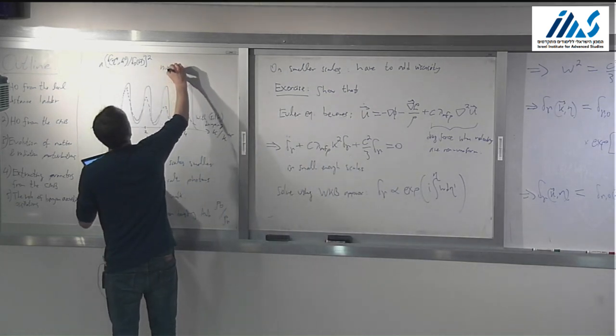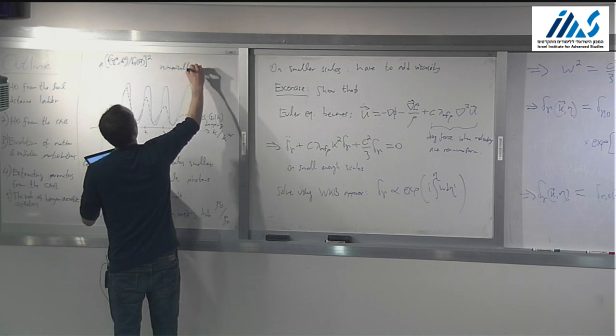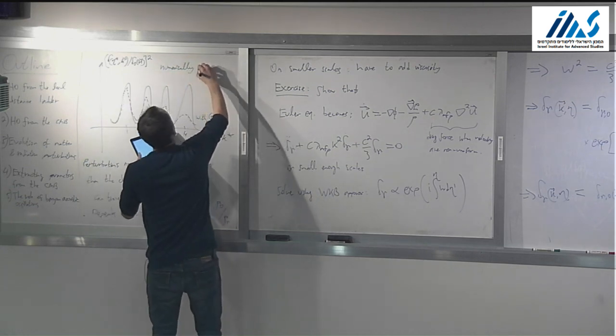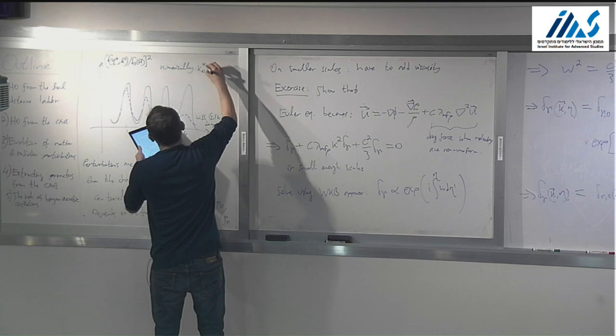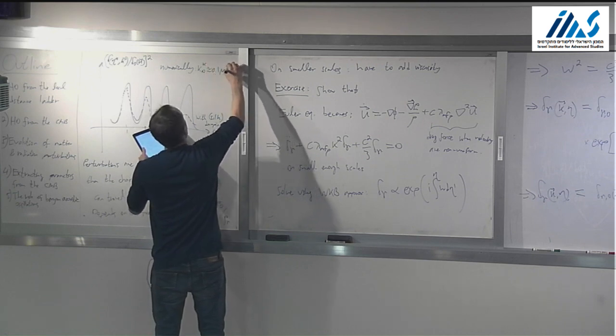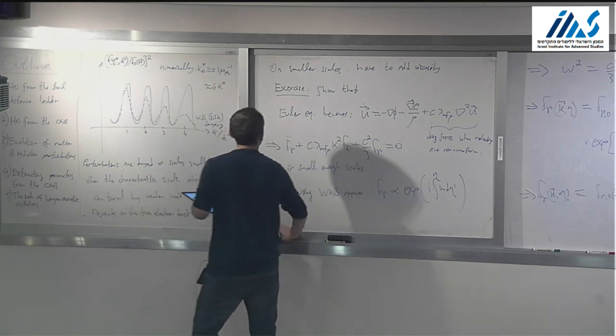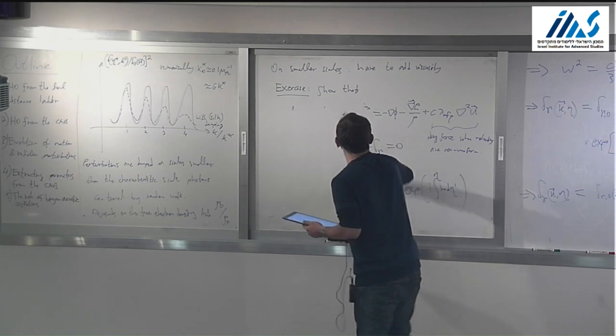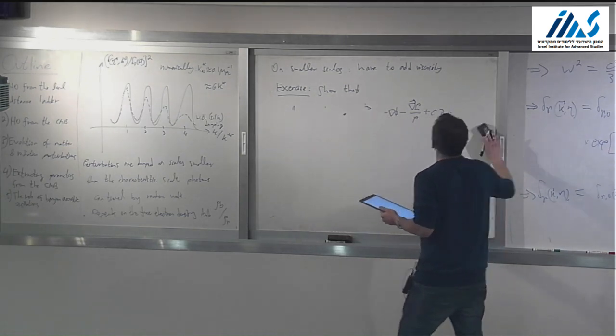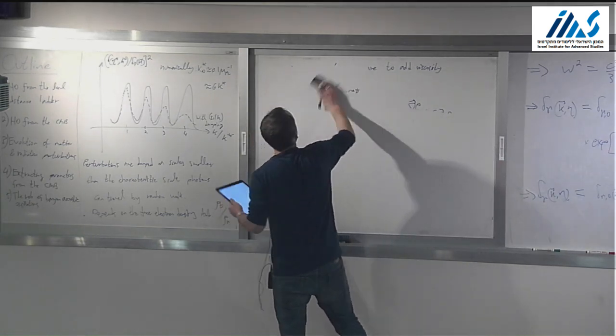Numerically, k_D star is about 0.1 megaparsec inverse, which is about 6 times k star.